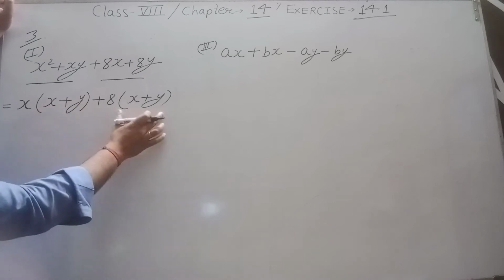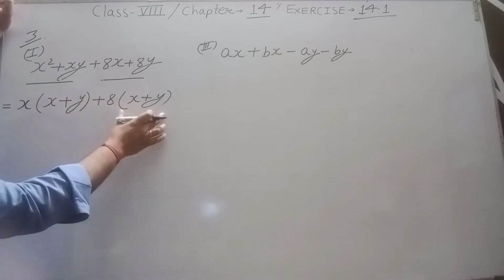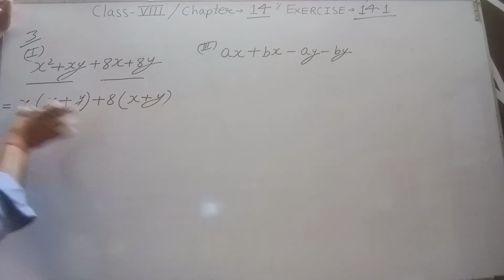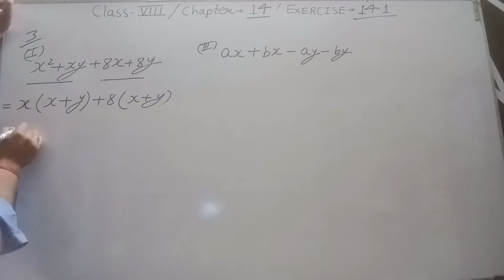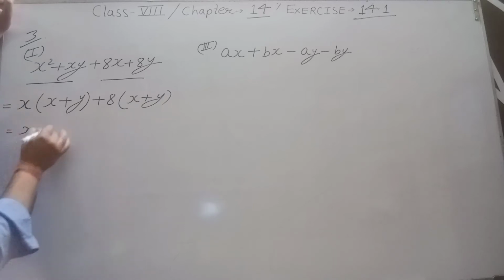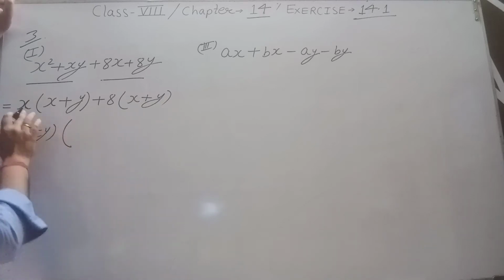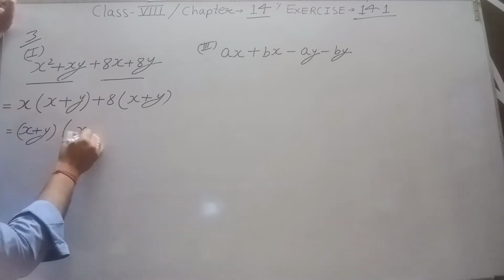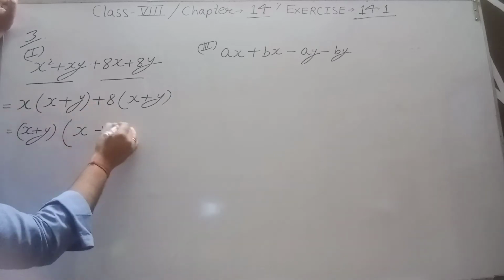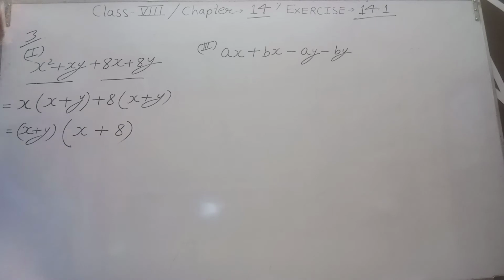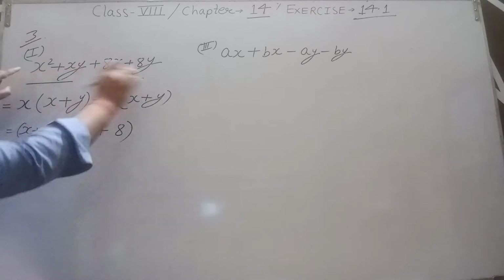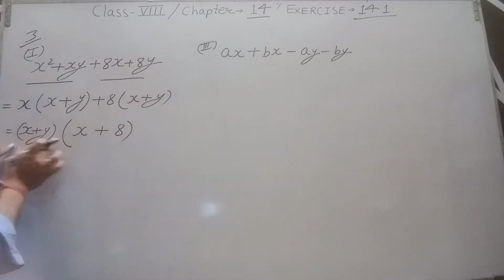So x plus y, we can take this algebraic expression as a common factor. So we note down x plus y outside the bracket, and in the bracket we note down the remaining terms, x plus 8. So finally the algebraic expression is written in the form of multiplication.